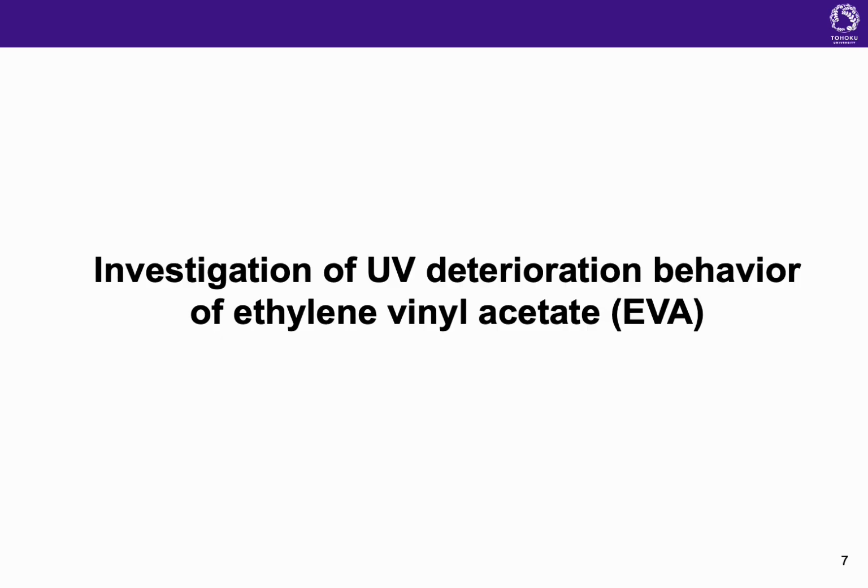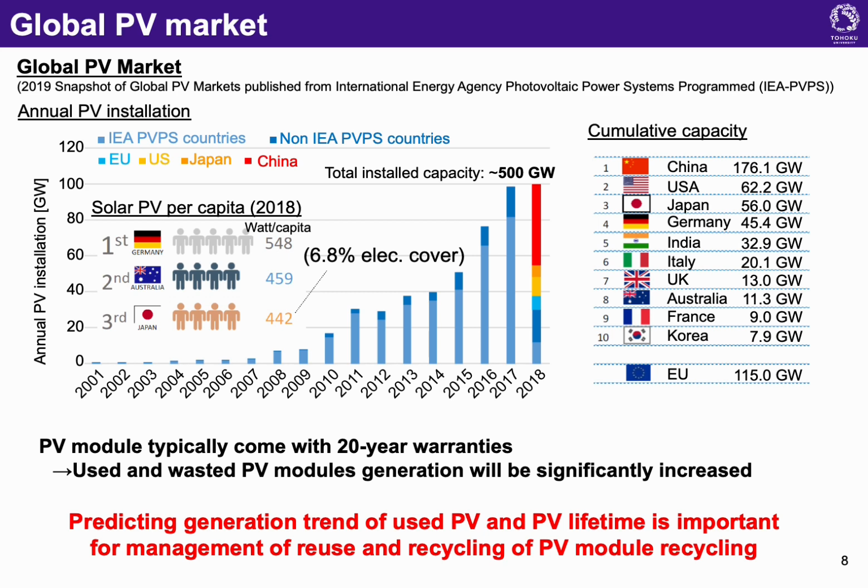Today, I introduce a combined UV irradiation and PY-GC/MS approach for evaluating the deterioration behavior of EVA encapsulant for PV modules. Let me start with why I'm researching EVA deterioration. As many of you know, the current global PV market is huge, and the total installed capacity reached 500 gigawatts in 2018.